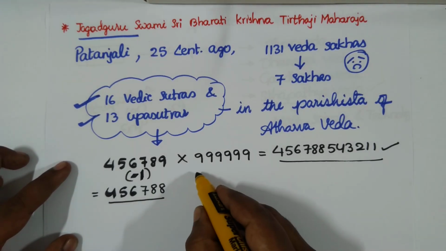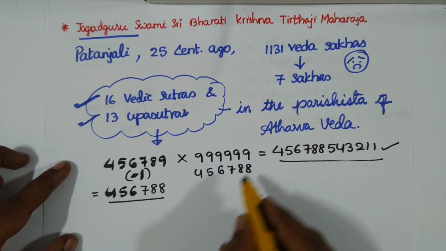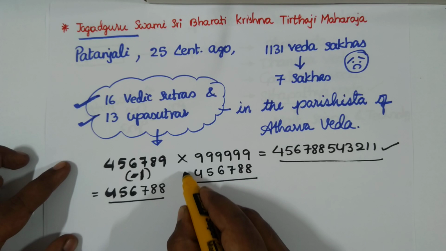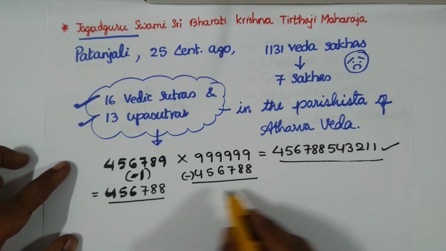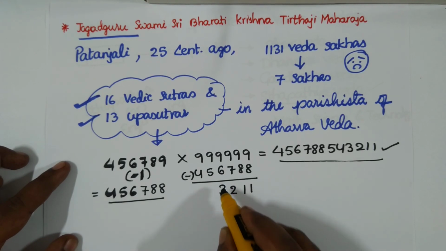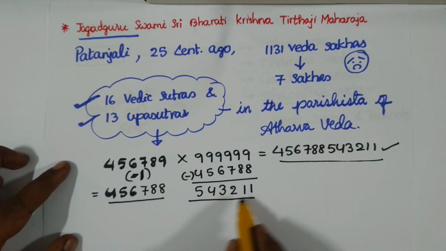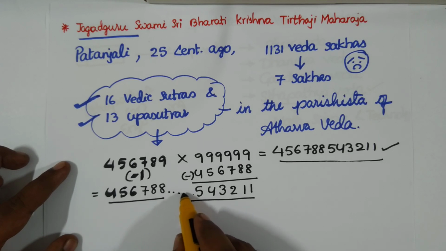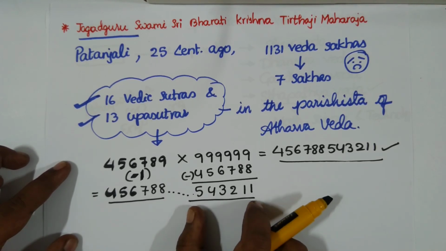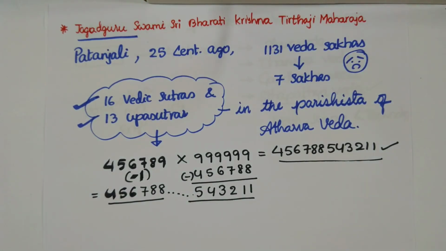Now whatever we get as the stage 1 answer, you subtract this from the multiplier, and we get 543211. Now just append this number to this, and this is the answer. That's it. It is very, very simple.